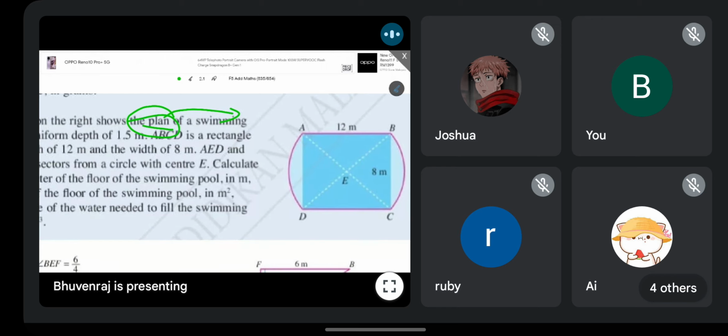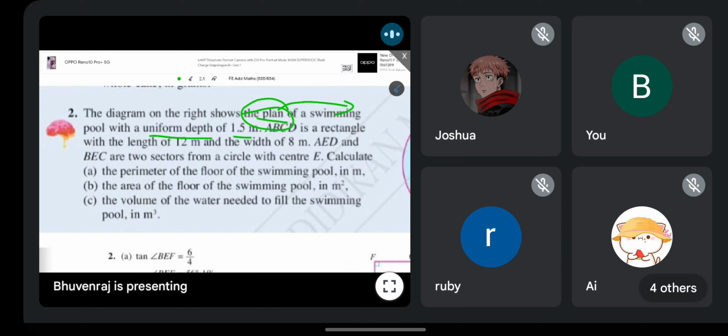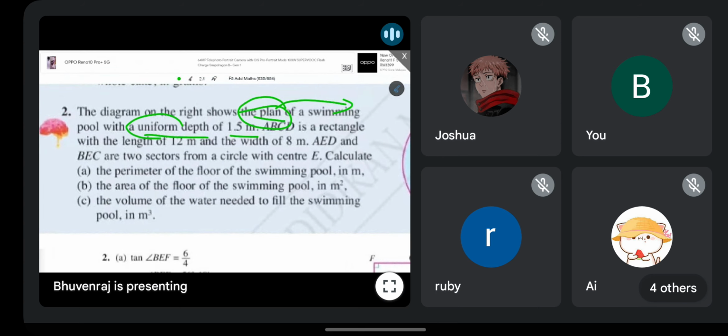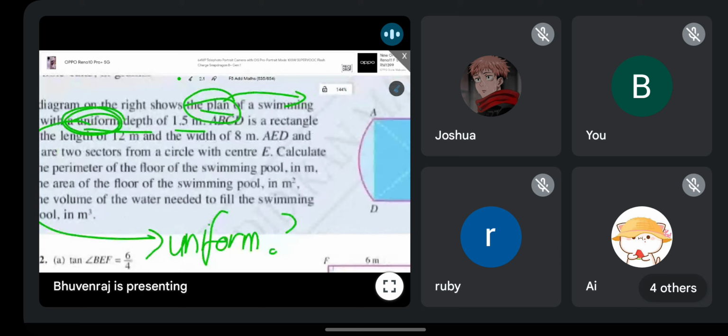Okay. So then they tell you that the depth is 1.5 meter. Maksudnya kedalaman kolam renang tu 1.5 meter lah. Okay. And this word is important. Uniform. Guys, can I ask you all KBAT question? Why must it be uniform? Siapa boleh bagi tahu? Mengapa kedalaman tu kena seragam?